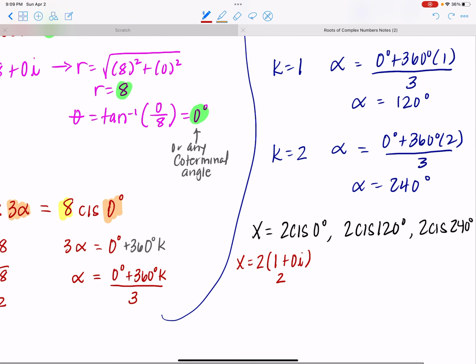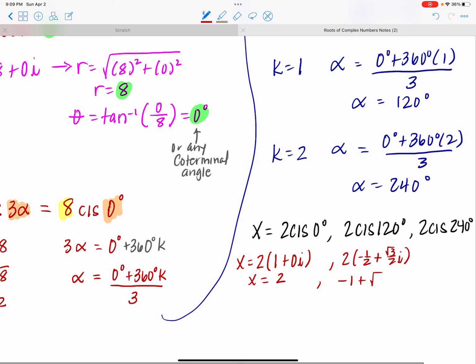And then for the next one, this would be 2 times the cosine of 120, which is negative 1/2. And then the sine of 120 would be radical 3 over 2, and that one's going to be imaginary. And so this ends up being negative 1 plus radical 3i when I distribute in the 2.